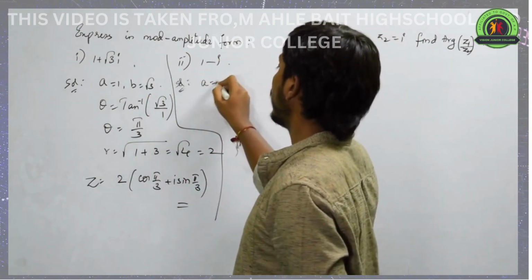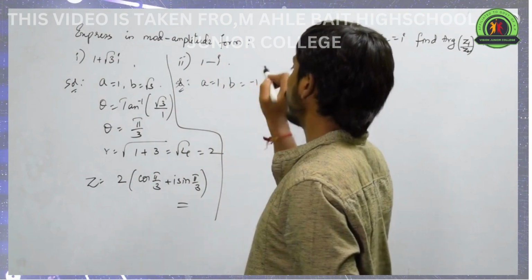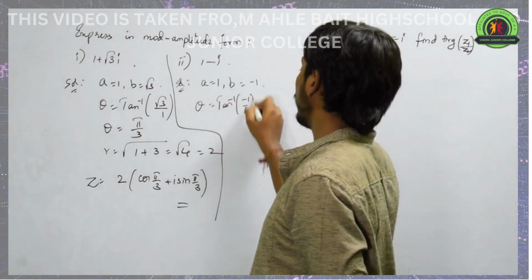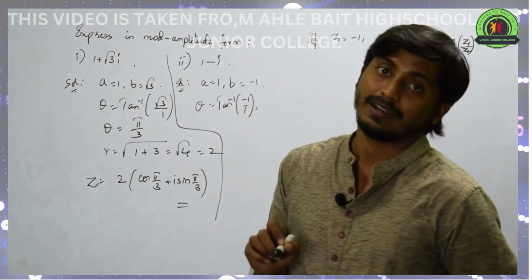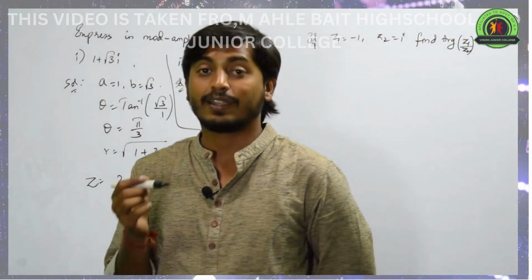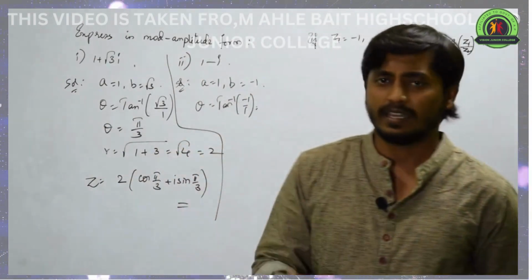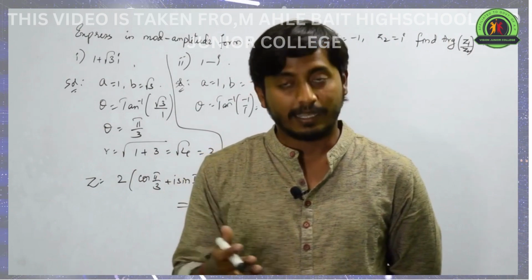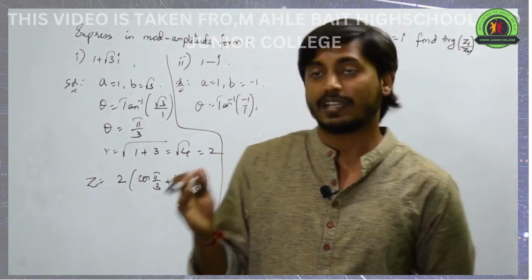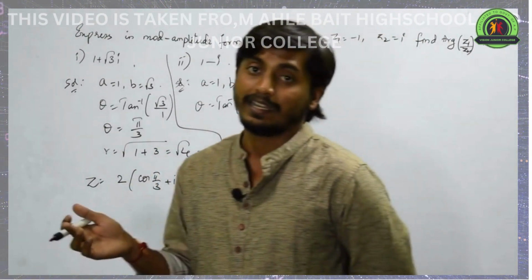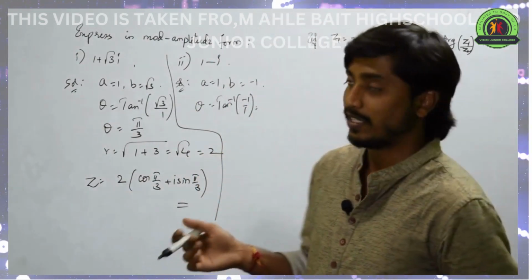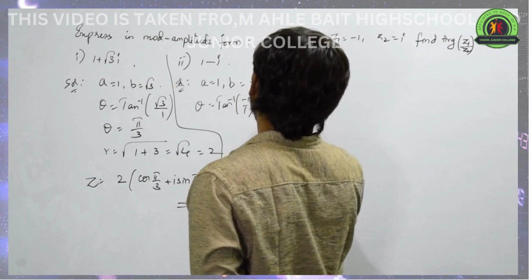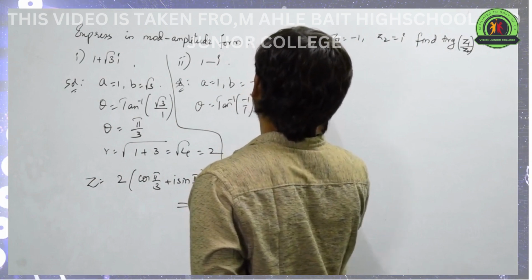Now, let us find the same thing for the next question. What is a? a is 1, b is minus 1. What is theta? Tan inverse of minus 1 by 1, which is tan inverse minus 1. When do we get 1 for tan? That is pi by 4. Yes, we know it. When do we get minus 1? That is in the fourth quadrant. Taking the angle as pi by 2 plus pi by 4, 90 plus 45, that is 135, that is 3 pi by 4.